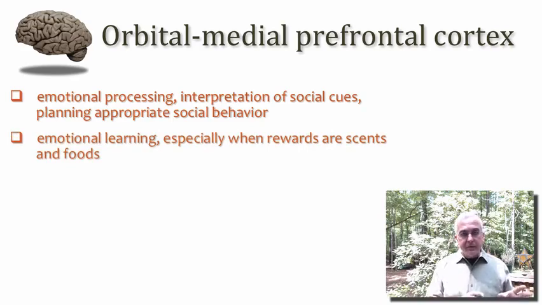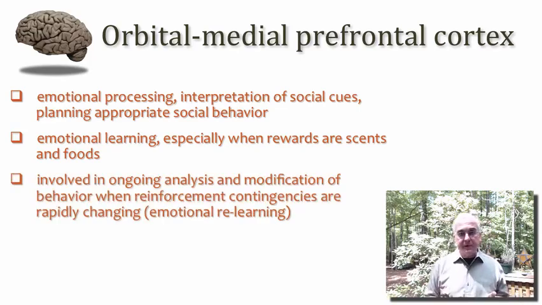Now, the role that this portion of the prefrontal cortex plays in emotion bears much similarity to the role that we ascribe to the amygdala. It's involved in emotional learning, but especially when the rewards are in the form of olfactory signals and gustatory signals, that is, in the form of scents and in the form of food rewards.